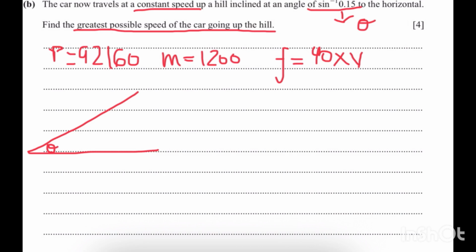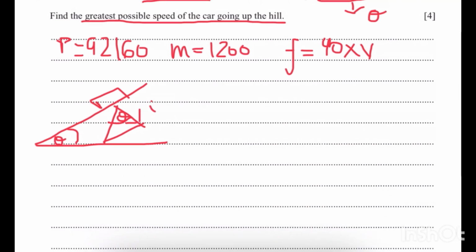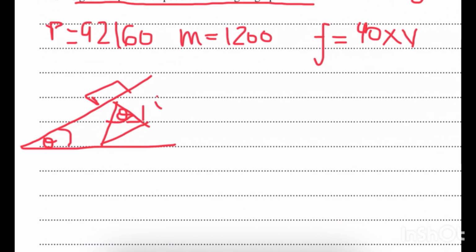So let's say this is theta, this is the car, and now the weight will have two components. The angle inside will also be theta, and the downward component of the weight will be equal to 1200, the mass, multiplied by the force of gravity, which is 10.